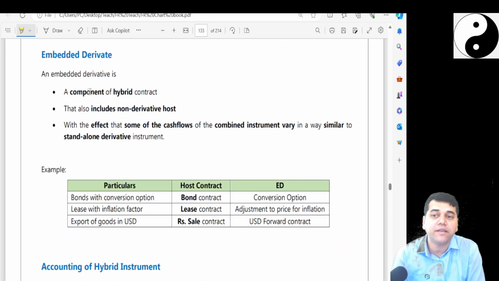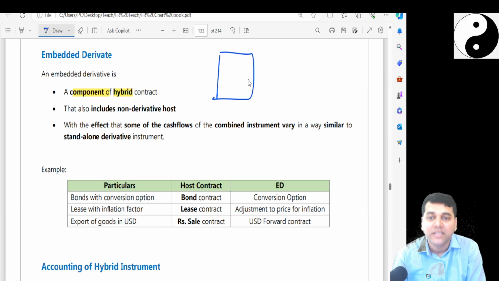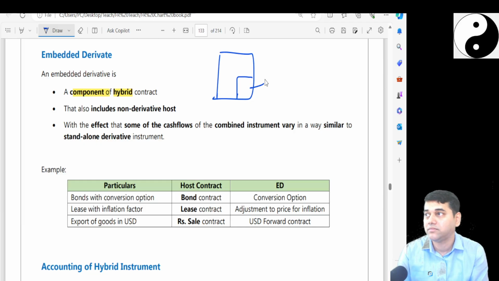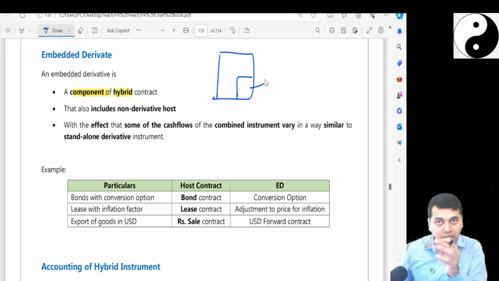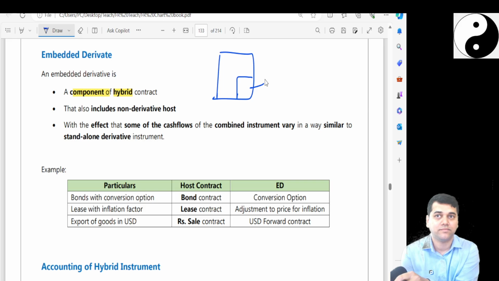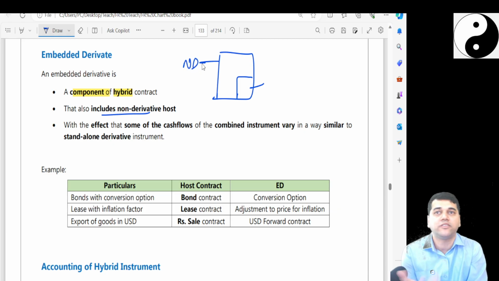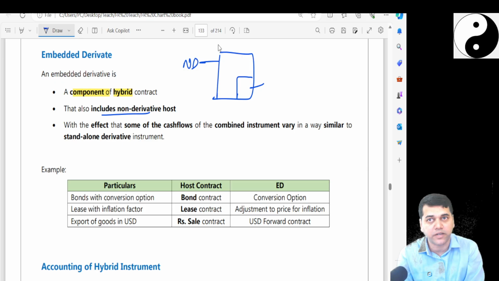Now, when do you say an embedded derivative? An embedded derivative is a component of the hybrid instrument. That means there is one big contract. In that contract, one small element is of a nature like a derivative. It's a derivative only. But they mix it, so it is included in a non-derivative; the main contract is a non-derivative. Its value is not going to change. It's perfect.